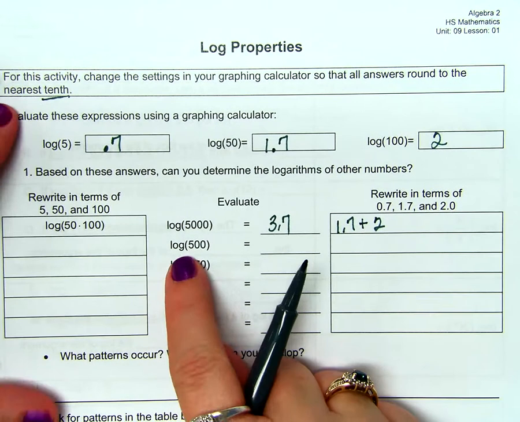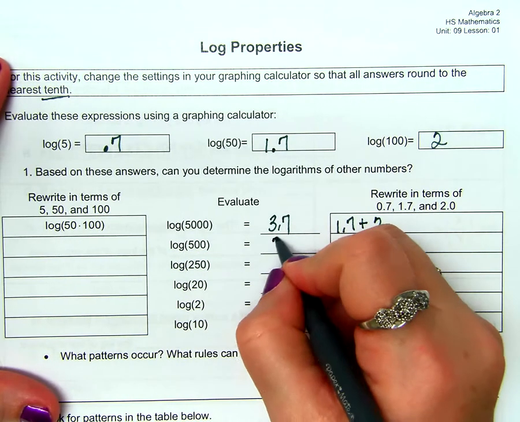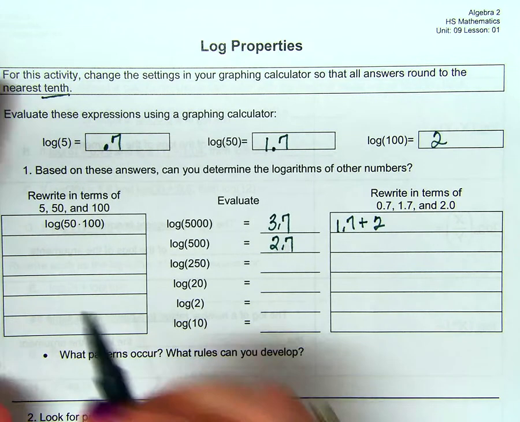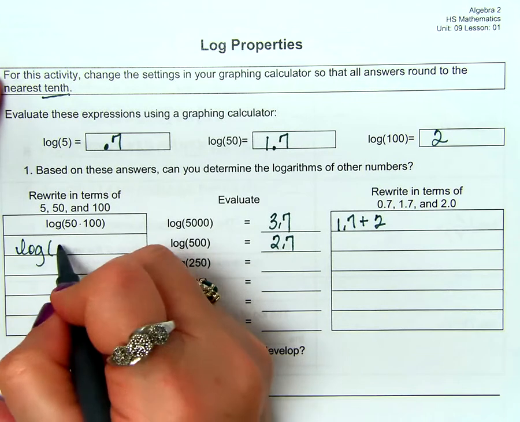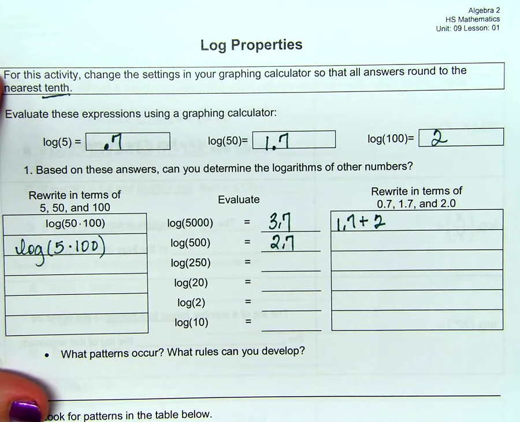Okay. So somebody tell me what the log of 500 is then, please. 2.7? Okay. Then please rewrite that for me in terms of 5, 50, and 100. Log of 5 times 100, right? Isn't that the same as log of 500?